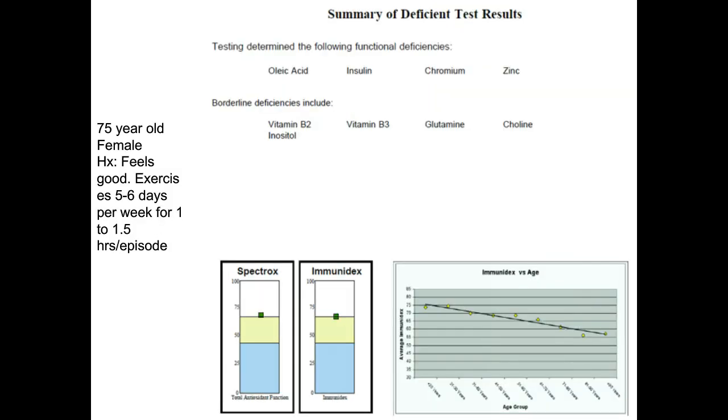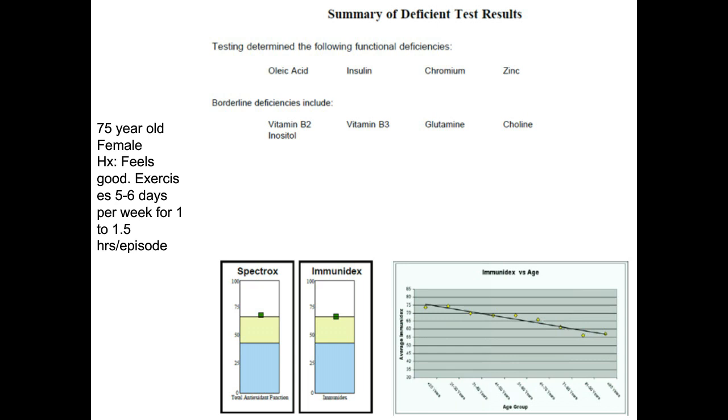Here you can see that this is an interesting case. We talk about cardiovascular health, and we also talk about diabetics, and we say one of the best things for cardiovascular health and to prevent diabetes is exercise. Well, here's a 75-year-old female that exercises on a regular basis, and you can see she has some deficiencies.